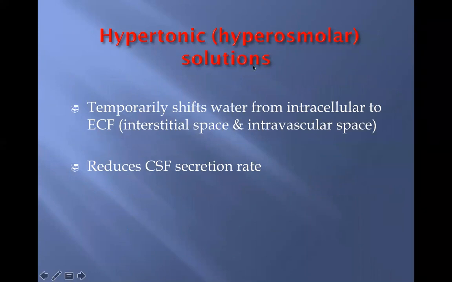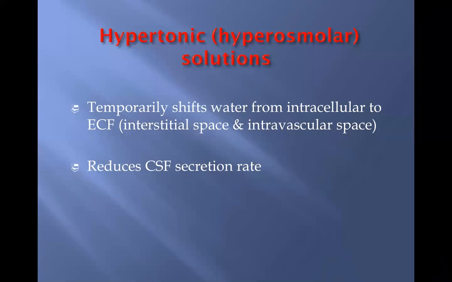Hypertonic solution, which is a hyperosmolar solution, I already mentioned as a type of crystalloid fluid with several percentages, and I mentioned that it is not available in Iraq. For example, 3% sodium chloride, 5%, 10% sodium chloride.